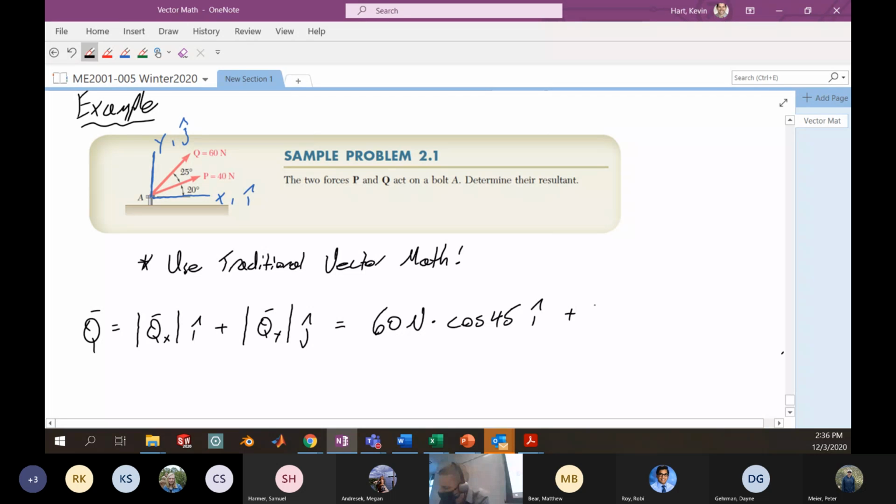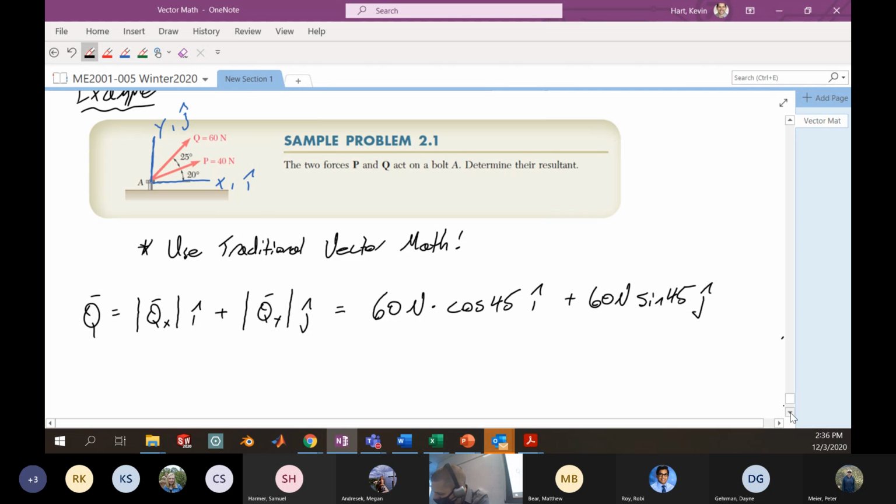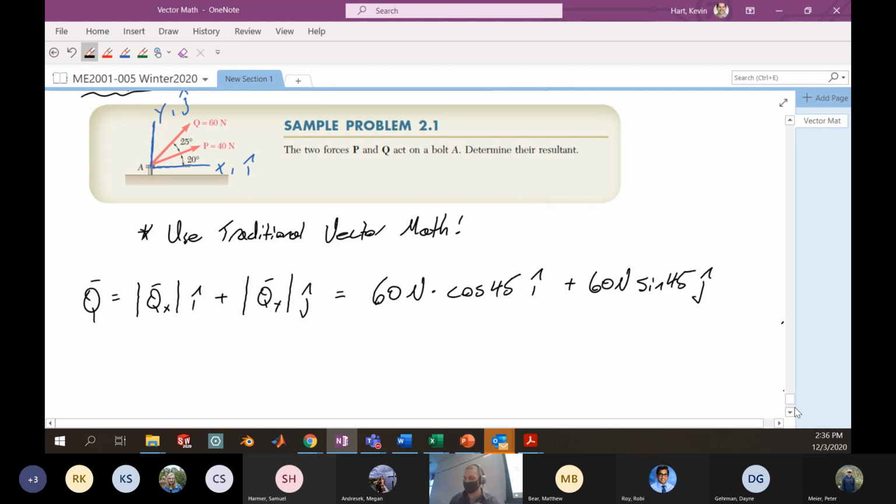Plus, again, the magnitude of this force resolved into the j direction using the sine function. Those of you who are swift and adept will know that sine 45 and cosine 45 are the same.